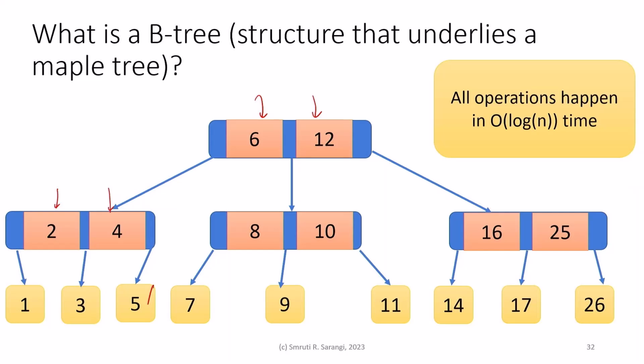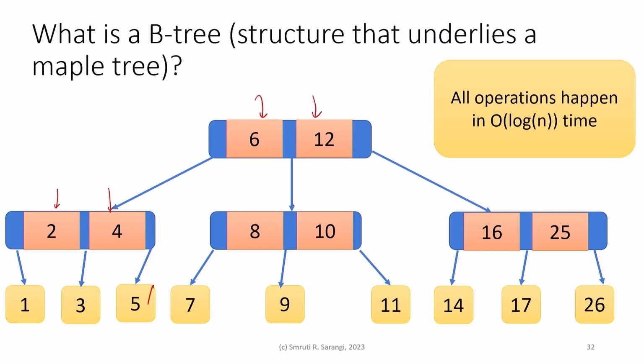If you are between 6 and 12, you go down here. Basically we have two variants of this. If the keys can be stored in any node, it is a B tree. If the keys can be stored only at the leaves, it is a B plus tree. A B plus tree in that sense is more disciplined, because with 6 and 12 here, you can have two kinds of keys. One key just plays the role of the separator.